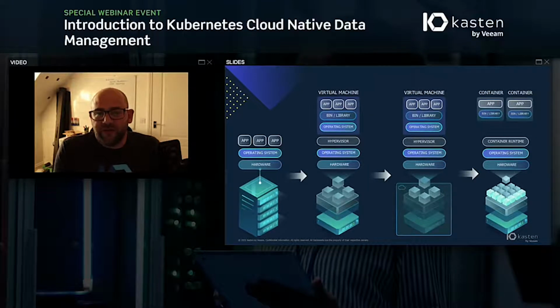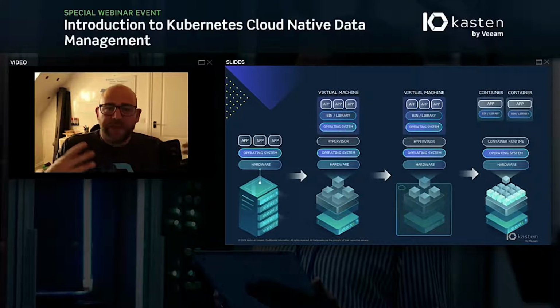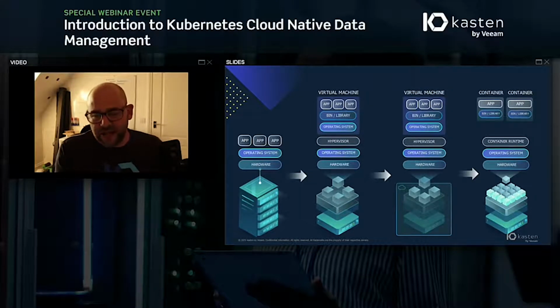So we started off from a physical point of view, where obviously there would be an operating system on it. It would leverage the CPU, the memory, the resources of the underpinning server. And we'd cram as many applications onto that one server, taking up real estate within our data center.